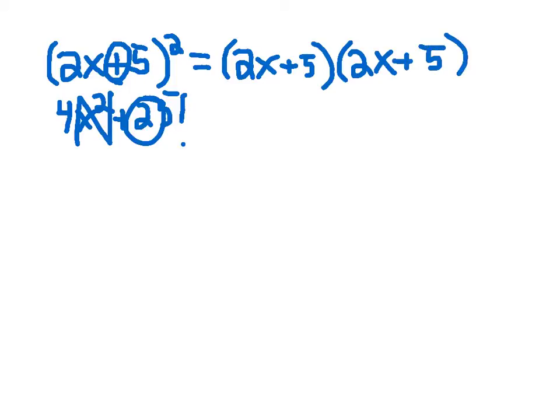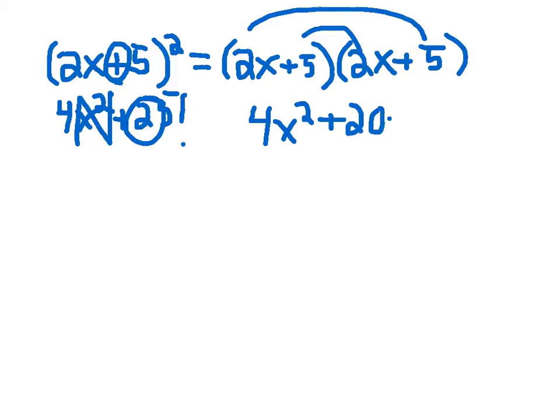When I FOIL this, first gives me 4x squared, outer gives me 10x, and inner is also 10x. So together they are 20x. And last is 25. So 4x squared plus 20x plus 25 is a perfect square trinomial because it is the product when you square 2x plus 5.